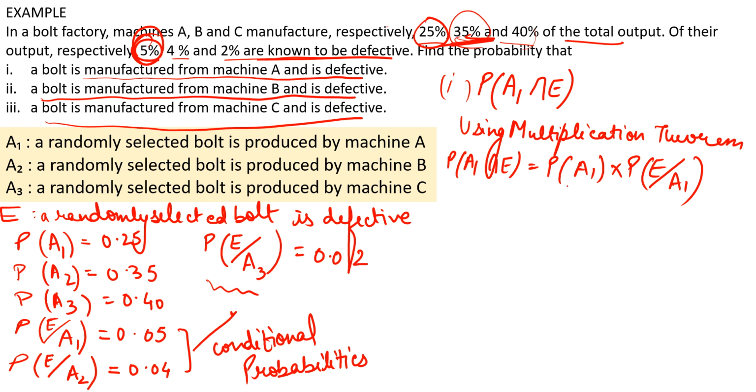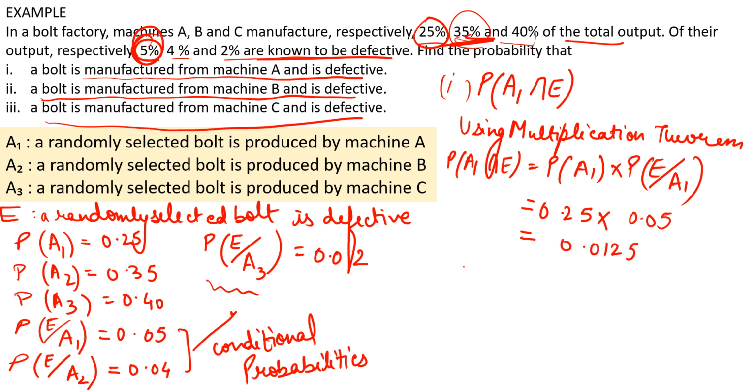So we are saying, first, what is the probability that a bolt is produced by machine A, and second, what is the probability that the bolt is defective given that it is produced by machine A. So this is simply 0.25 into 0.05, which is equal to 0.0125.